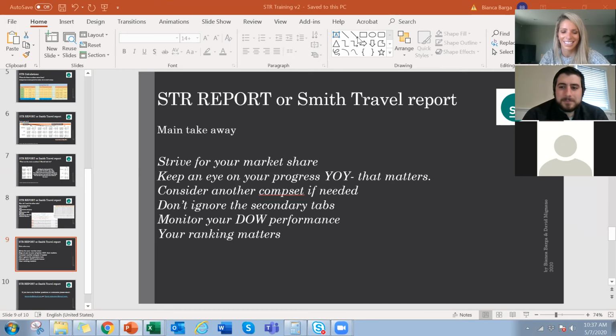I'm curious. Some hotels have closed and some hotels have not closed. These counties are saying you're only really allowed to be open for essential business, and everybody's taking that rule differently. What is STAR going to do for data to compare? Are they going to show them as being closed?